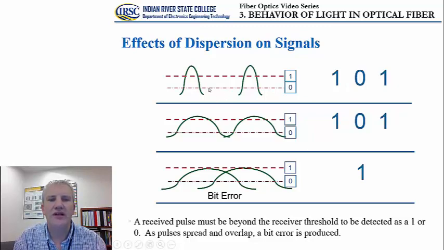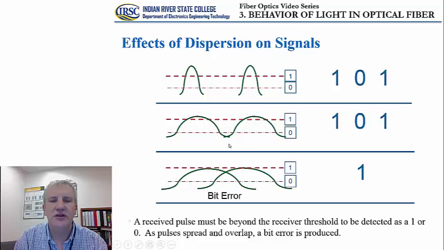Now, if these two pulses start spreading, we have a case in the middle where we still see two distinct pulses that correspond to the two binary ones, and also we still have a break between the pulses that corresponds to the binary 0.